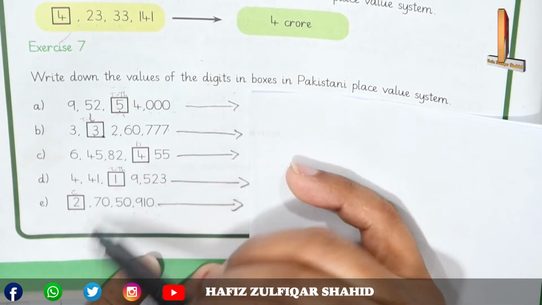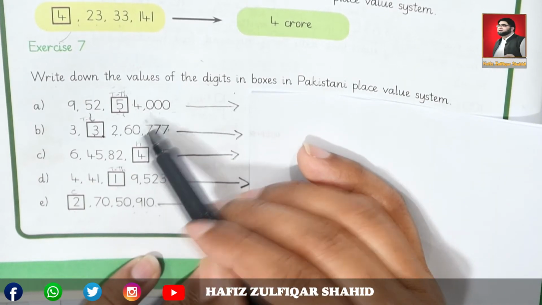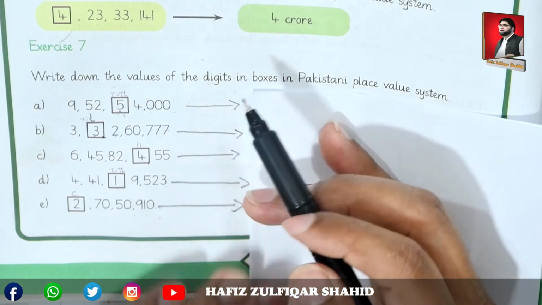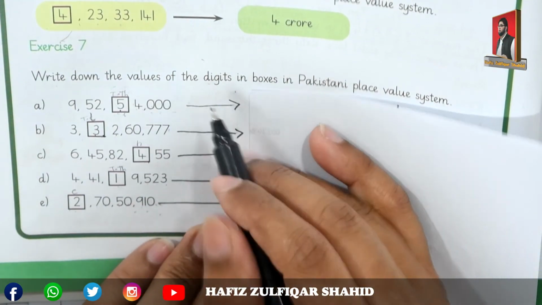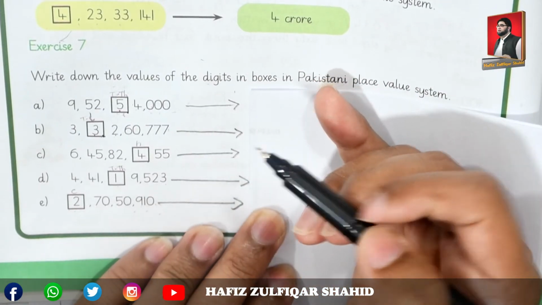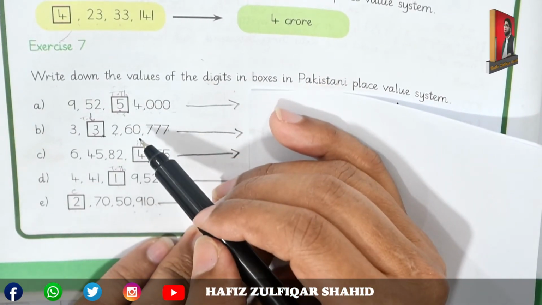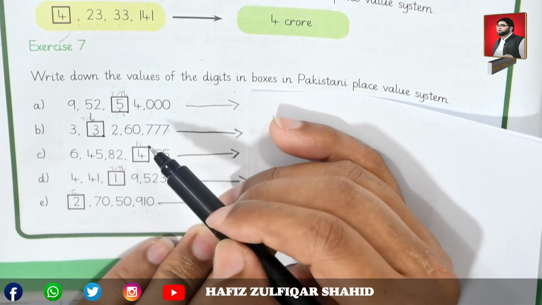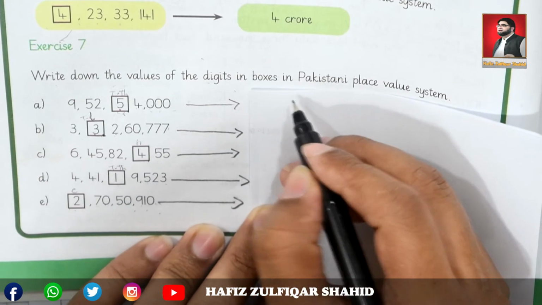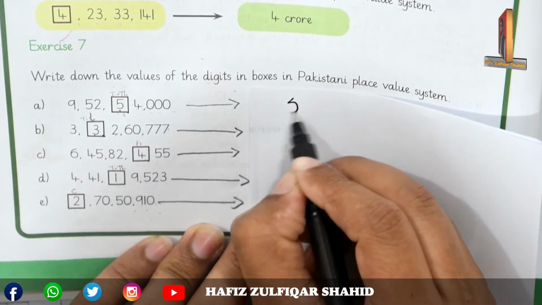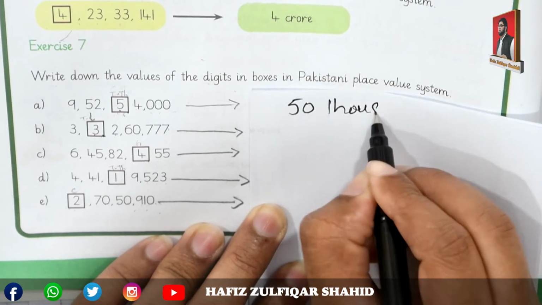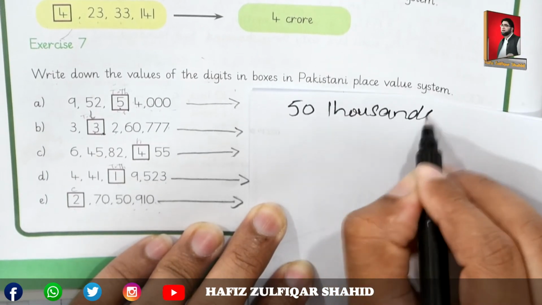Now we will find the place value of these digits and then write against each digit. 5 is at the 5th place, and we know that according to the Pakistani place value chart, the 5th place is 10,000. It means in A part we have 5 as 50,000. Write like this, 50,000.